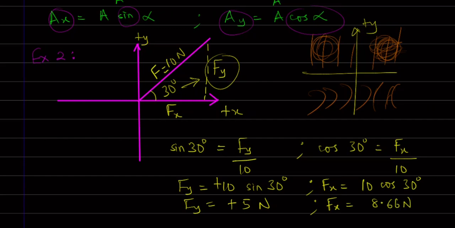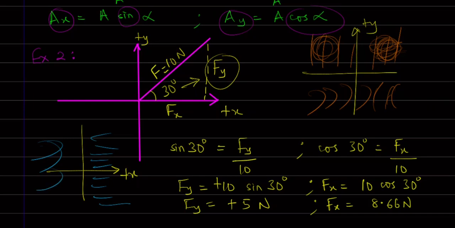Now we need to know the sign for the Fx. As you can see, the Fx is located along the positive x-axis. Like I have said, everything that we have along this side is positive x-axis, while everything along this side is negative x-axis. So our Fx is on the positive x-axis, so it's going to be plus.